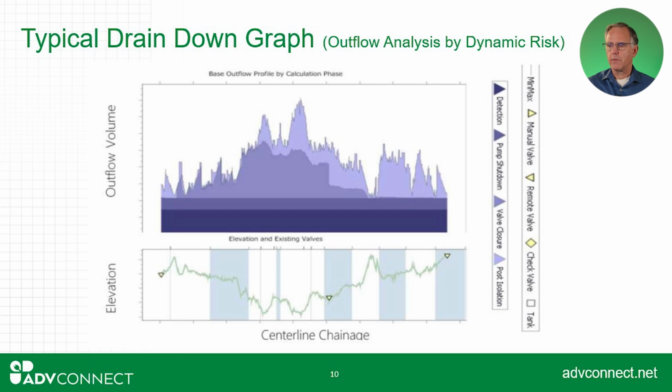In the very bottom, in the darkest blue, it takes you a while to detect it. So all the pumps are running and you're putting product out through some sort of hole, some sort of failure in your pipeline. Then it takes you a little while to shut the pumps down. That's a little bit of time while the pumps are running. Now you've got to shut it down.